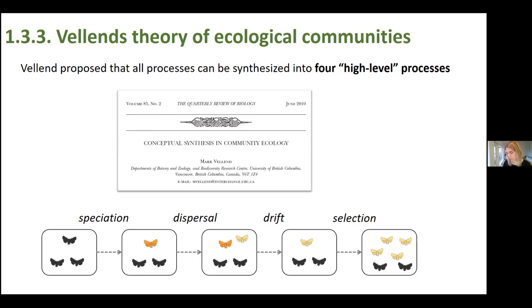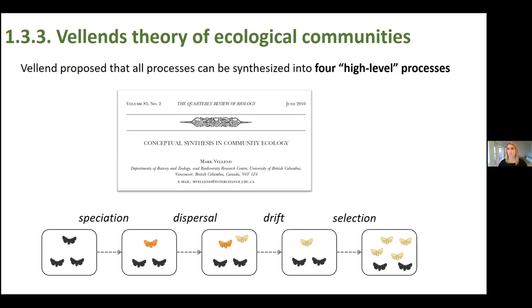So the very big message that Vellend gives us is that all the processes which I have been talking about, biotic filtering, environmental filtering, dispersal, speciation, and so on, we can synthesize into four high-level processes.